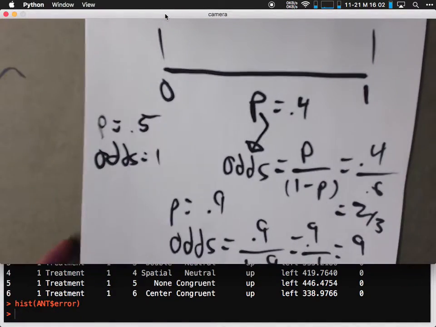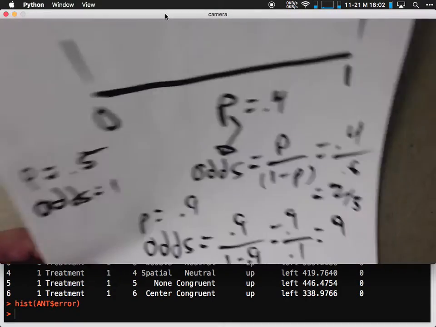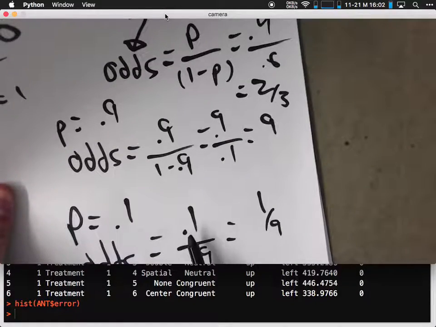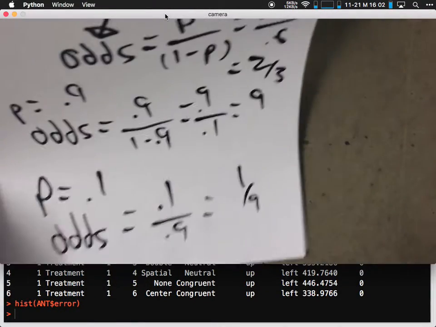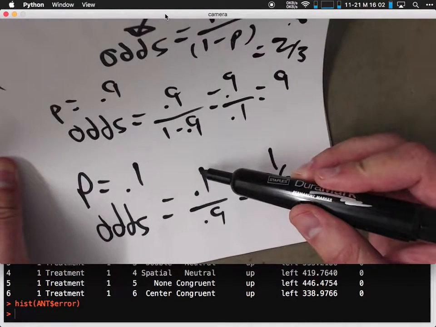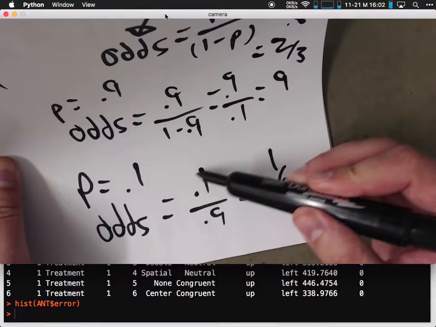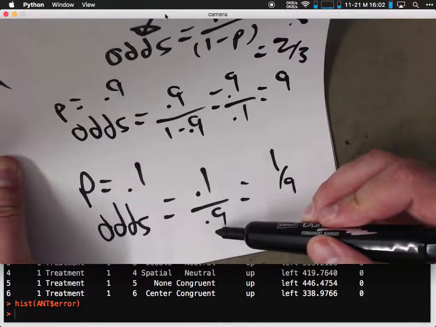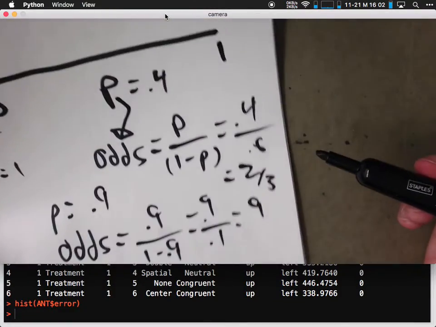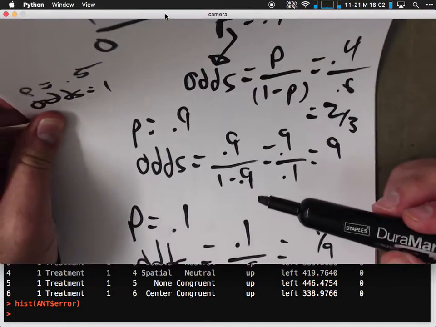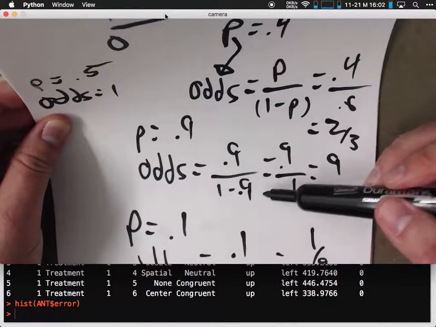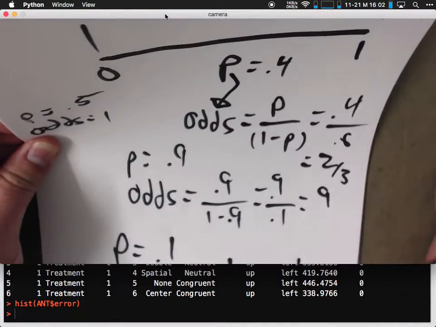Okay, so for really low probabilities, we're going to get a really small number. But critically, it's never going to be negative, because the top thing can be precisely 0. If the top thing were 0, the bottom thing would be 1. So 0 over 1 equals 0. Up here, as we get to larger values, say the top thing were precisely 1, it would be 1 divided by 0, which is not defined in math at all.